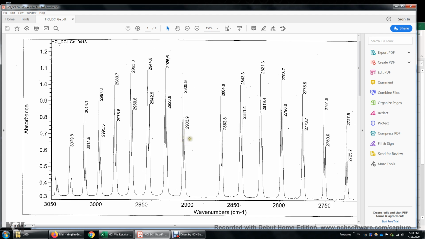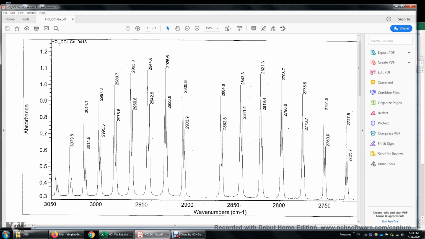But why is this a doublet, with two slightly different wave numbers and quite different absorbance? This is because in nature we have two different chlorine isotopes, chlorine-35 and chlorine-37.